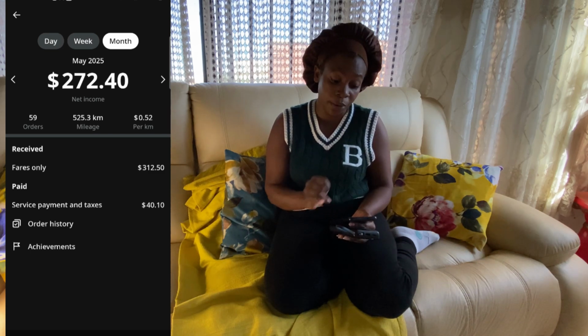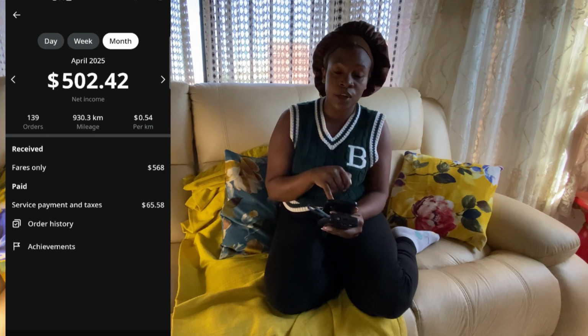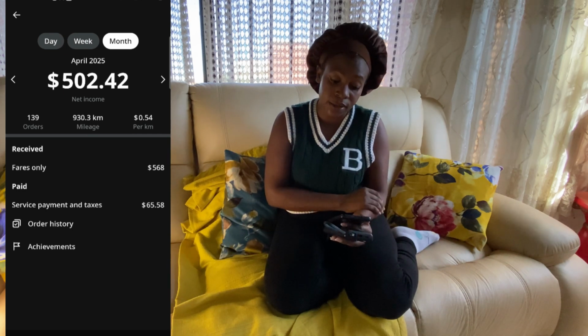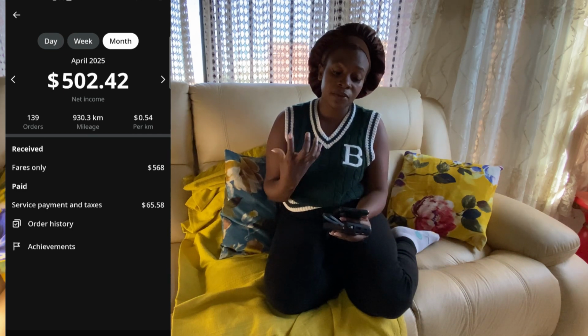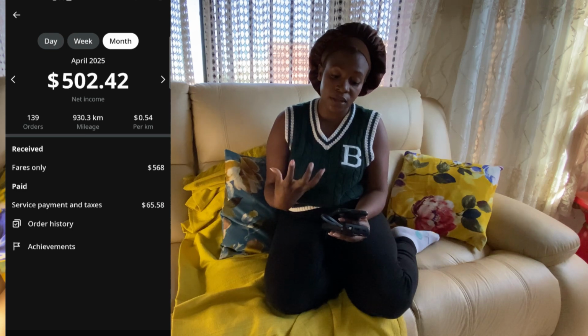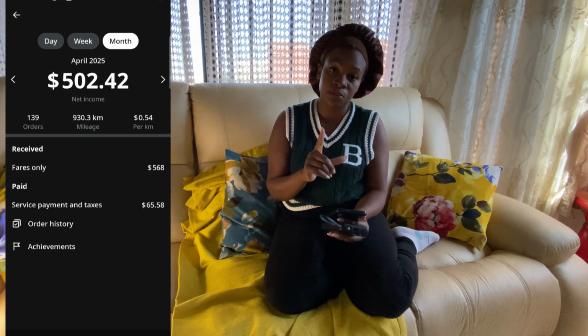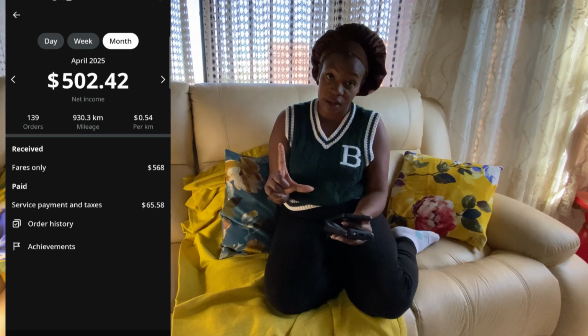Let's move back to April. In April, it's showing you that I've earned $502.42. Again, this money is after expenses. The expenses I'm talking about is the InDrive.